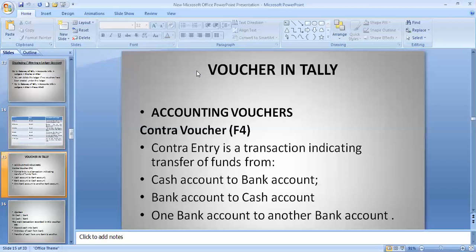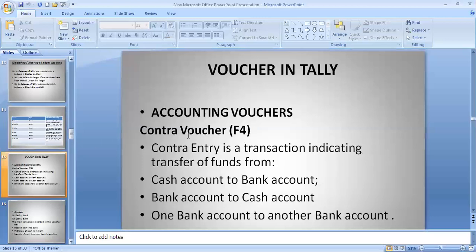The standard accounting vouchers that we will be discussing further are: contra voucher, which takes F4; payment voucher, F5; receipt voucher, F6; journal voucher, F7; sales voucher and invoice, F8; credit note voucher, Control plus F8; purchase voucher, F9; debit note voucher, Control F9; reversing journal, F10; and memo voucher, Control plus F10.